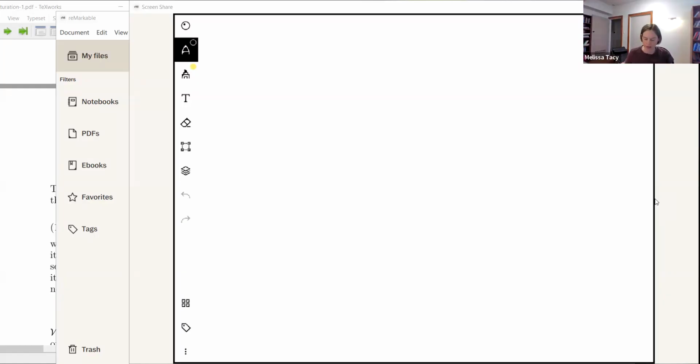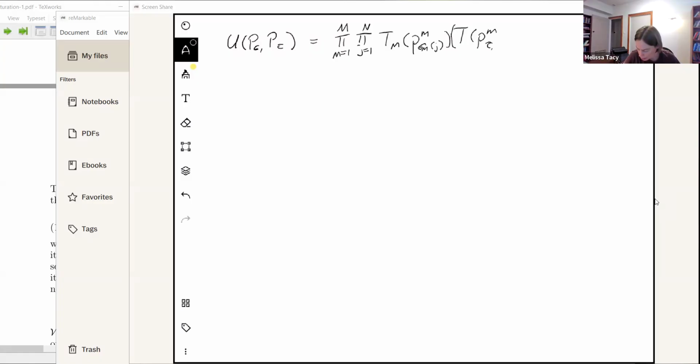And recall that the elements of the matrix are determined by these P sigma, P tau elements, where these things are actually given by products, a product in M, a product in J. For the matrix element to be large, I need that all of the individual factors in the product are large.